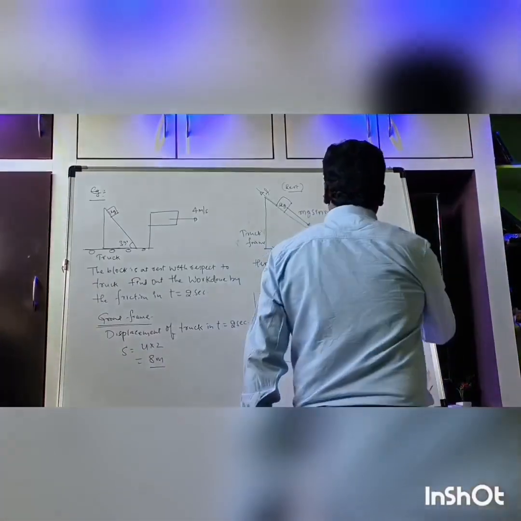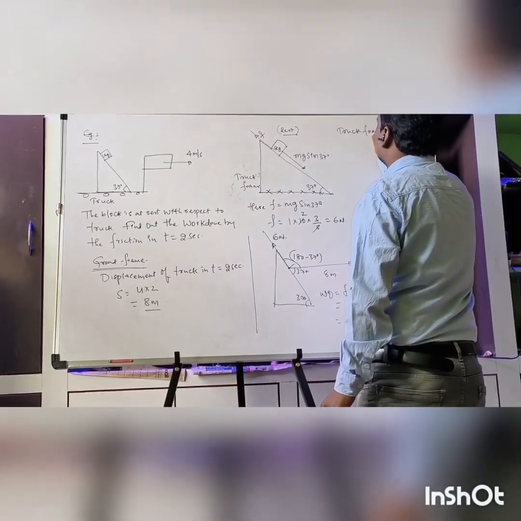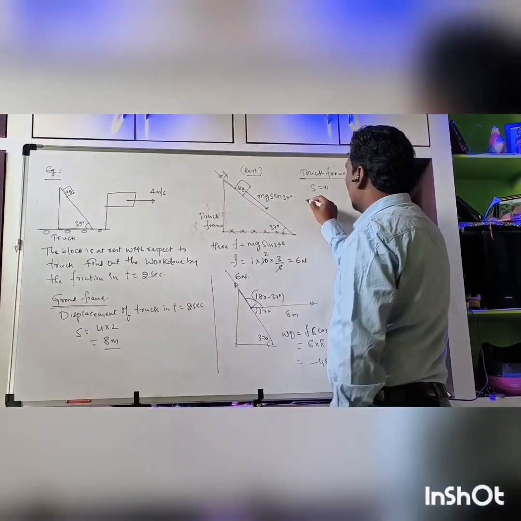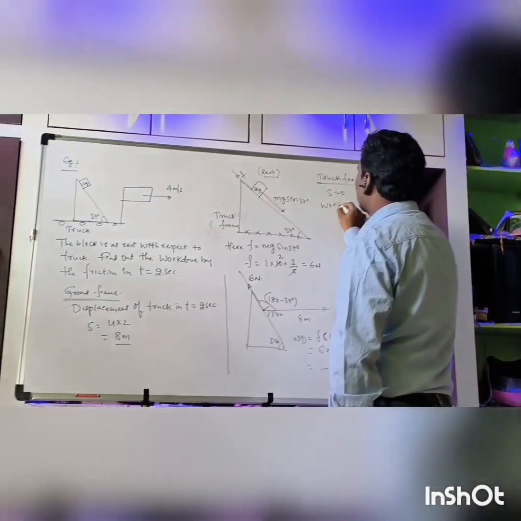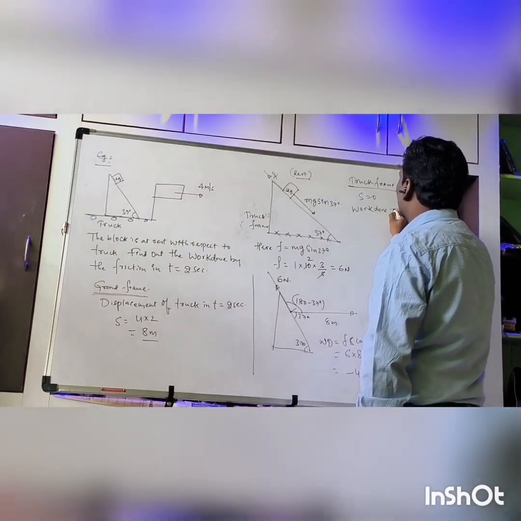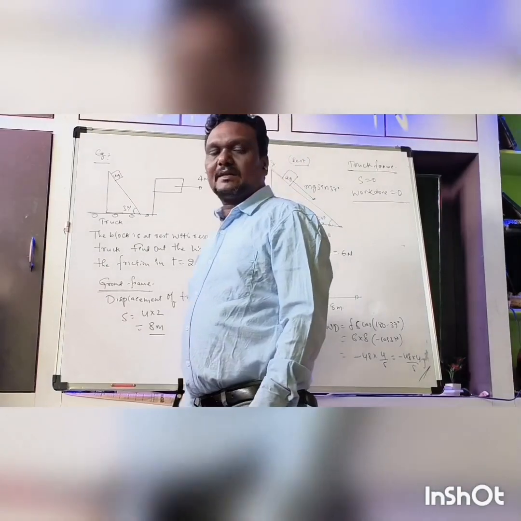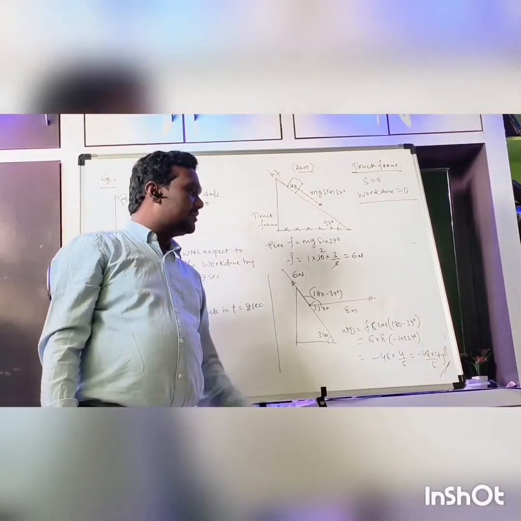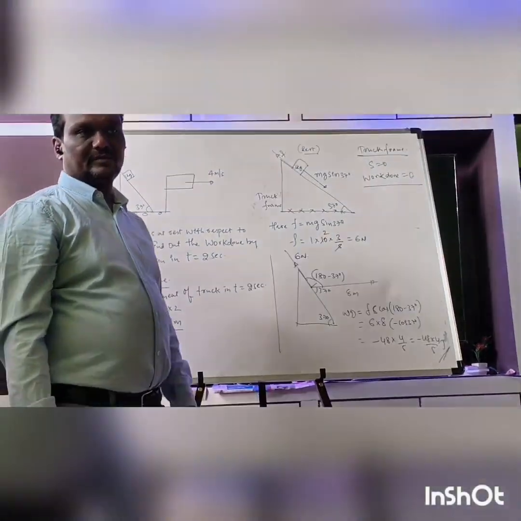So with respect to the truck frame, displacement is equal to 0. Therefore, work done is also equal to 0. So work done is equal to 0 with respect to the truck frame, and work done is equal to minus 48 into 4 by 5 joule with respect to the ground frame.